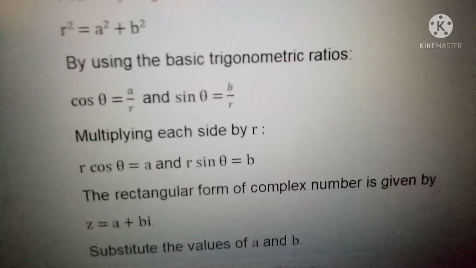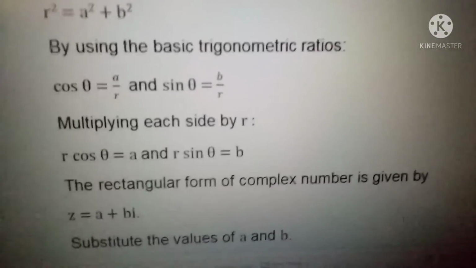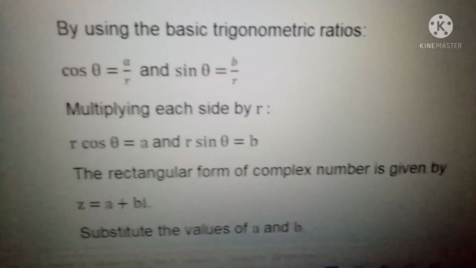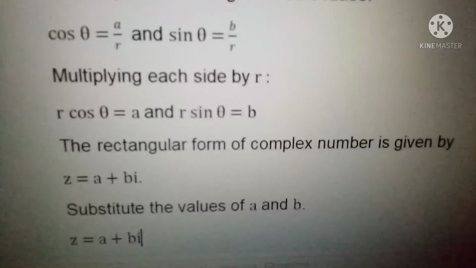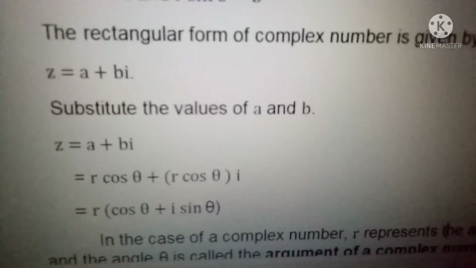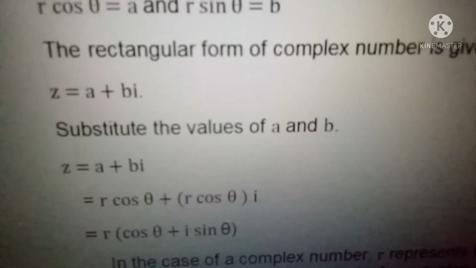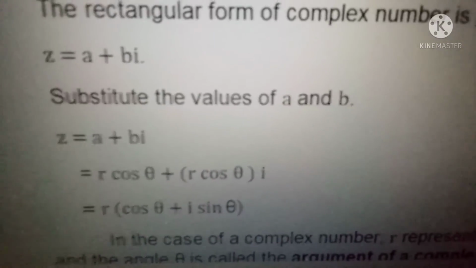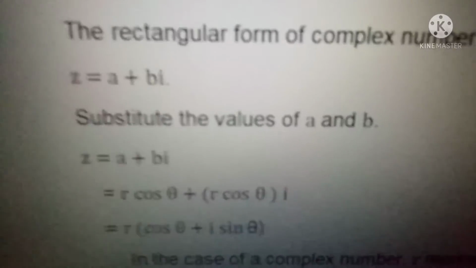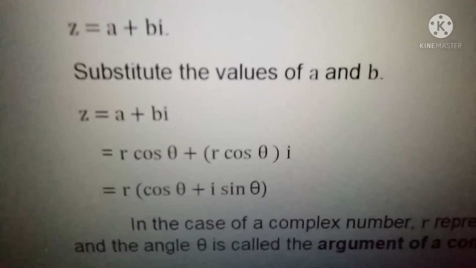So, the rectangular form of complex numbers is given by z = a + bi, and then substitute the values of a and b. So, magiging z = r cosine theta plus r sine theta times i, which is r times cosine theta plus i sine theta. So, yan po yung polar form.